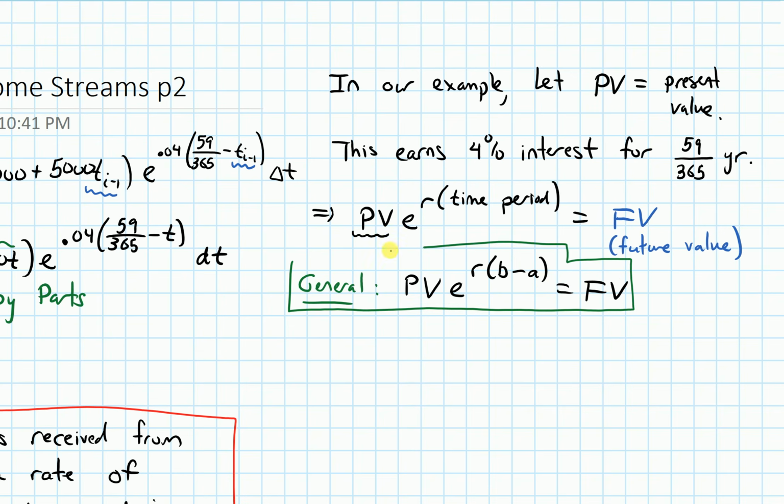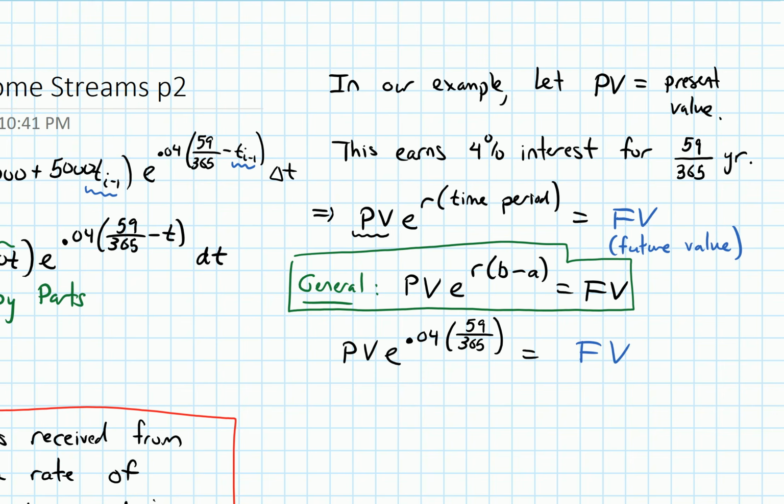This equation is going to be true in general, connecting present value and future value. Now let's plug in our specific numbers from our example. Present value times e to the interest rate, which is 0.04, and for my time period, it's 59 over 365 of a year. That's how much time it's going to earn interest for. And this needs to be equal to the future value.